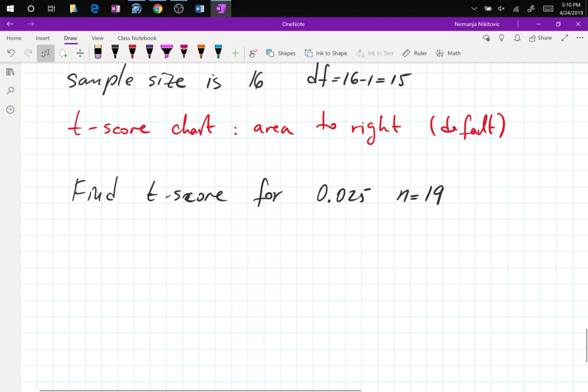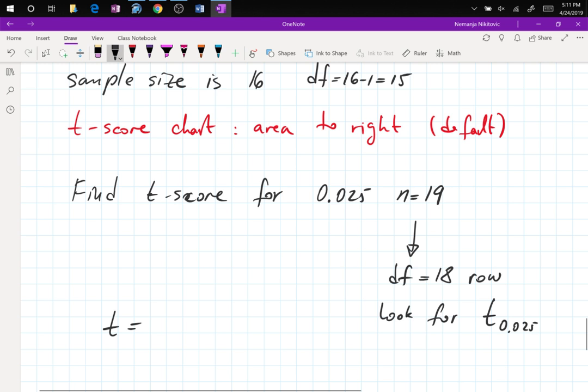We will have to go to the degree of freedom df 18. So we will look for the df 18 row, and then look for the t 0.025 column. So row 18, 0.025 is 2.101. So the t-score would be 2.101.